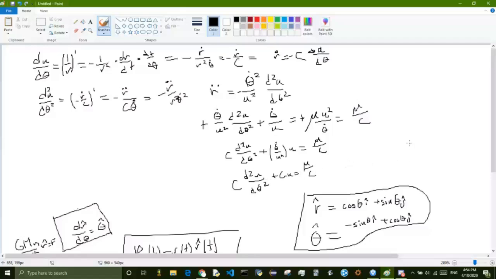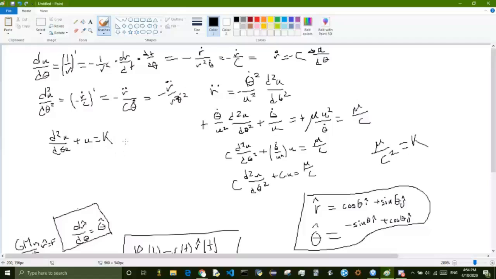Divide by c and rename mu over c squared equal to k. So I'm dividing by c and renaming this k. Right? So what do we arrive at? We arrive at the second derivative of u with respect to theta, plus u equals k.